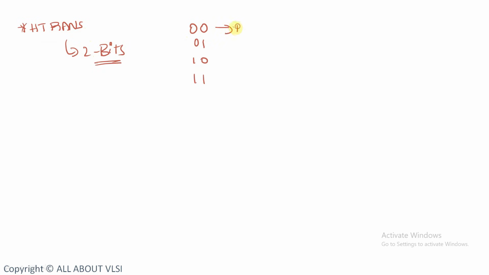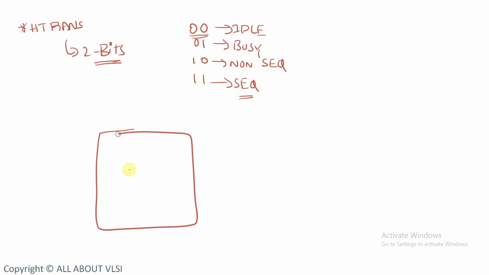Here 0 0 means idle, 0 1 means busy, then non-sequential, followed by sequential. Basically if HTrans is 0 0, this will be set by our master.